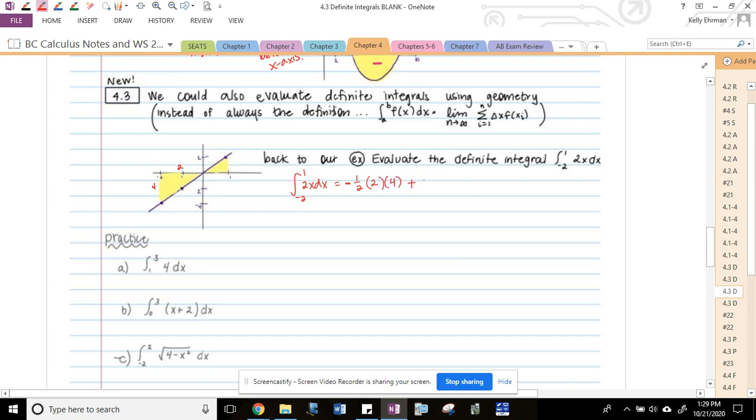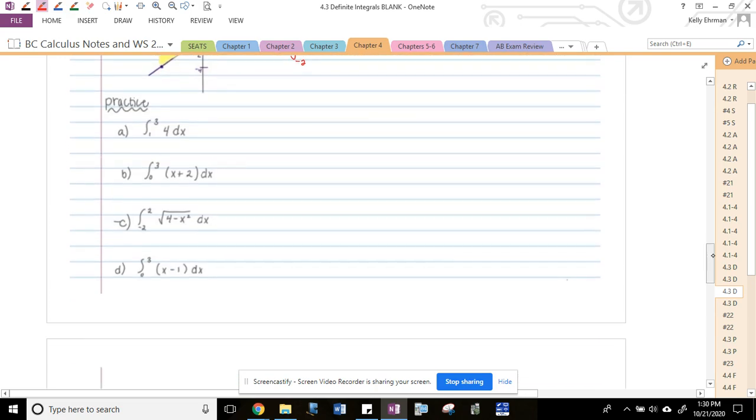Plus, this other area is positive, so plus 1/2 times a base of 1 times a height of 2. So I'm getting negative 4 plus 1. Negative 4 plus 1 is negative 3. And that is the answer we got when we used that limit definition to find the area. So it would be a good idea to sketch these graphs before you just jump into the answer.